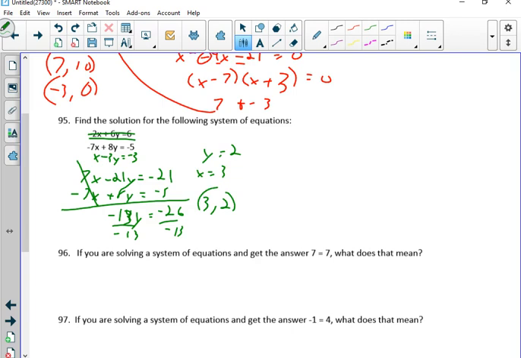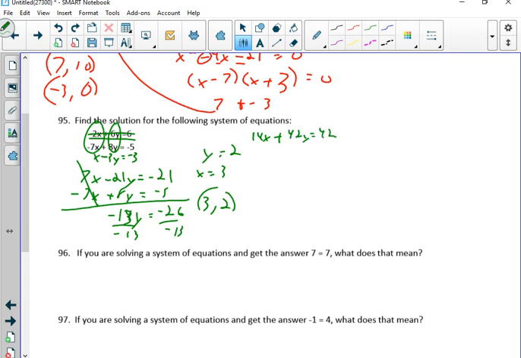I could have also, right off the bat, done elimination, and with the original equation, either cancel these two with 14 and negative 14x, or these two with 48 and negative 48. All right? So I'll do the first one. I'm going to multiply the first one by 7 and get 14x plus 42y equals 42.